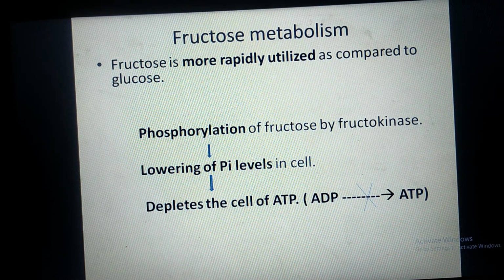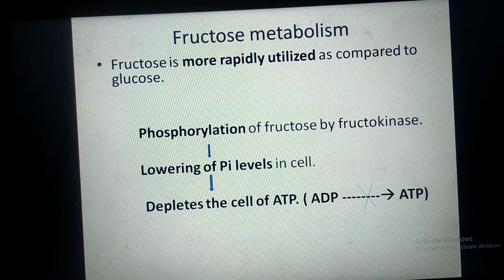The second effect of fructose is that it causes energy deficiency inside the cell. When fructose is rapidly utilized by the enzyme fructokinase, it converts fructose into fructose 1-phosphate. Therefore, a large amount of phosphate inside the cell is utilized for conversion to fructose 1-phosphate.